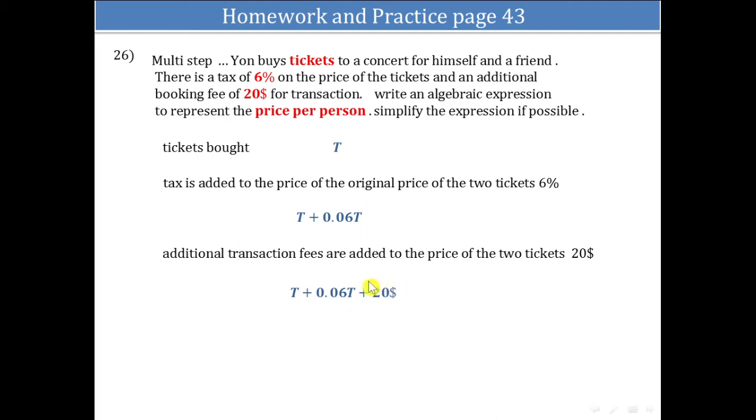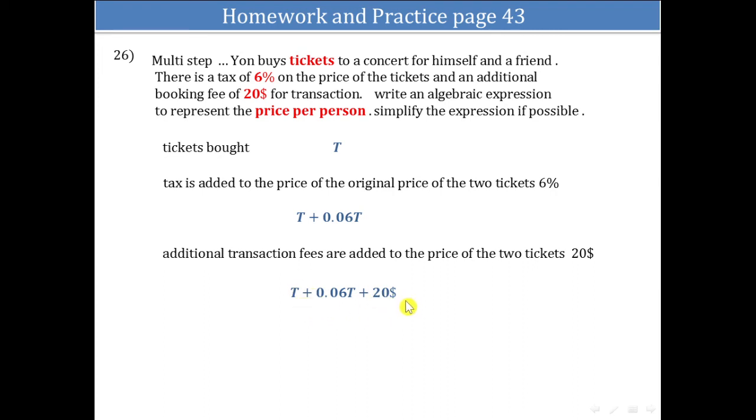And this extra money has nothing to do with the ticket. It's only an extra $20 for each one buying a ticket. But this one, I think it is for 2 tickets, because we spoke always about tickets and not 1 ticket. So the original price of the 2 tickets, plus the tax on these 2 tickets, plus the fees on these 2 tickets.